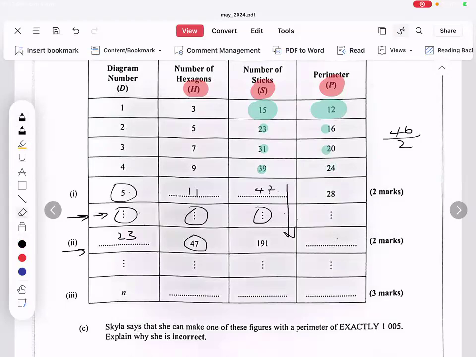Yeah, and then I added 4 and got 100. But we have to figure out that pattern. So why did you add all of these? That's the question. Adding all of them means you're adding up the perimeter of all the shapes put together. I want the perimeter of the 23rd shape. What would be the perimeter of 23 hexagons attached onto each other?